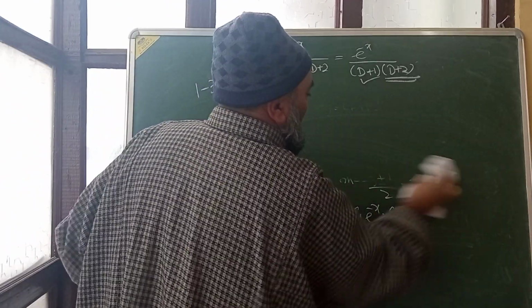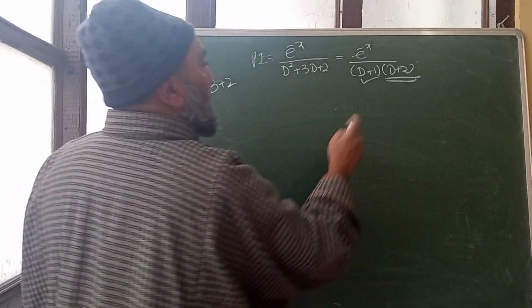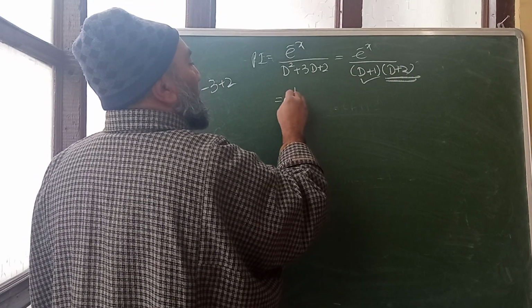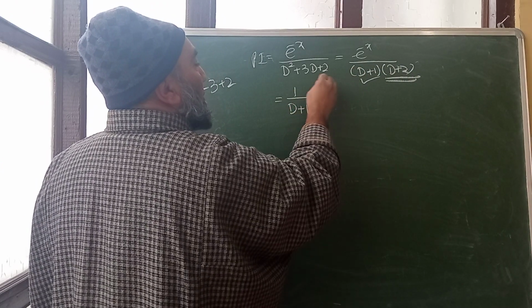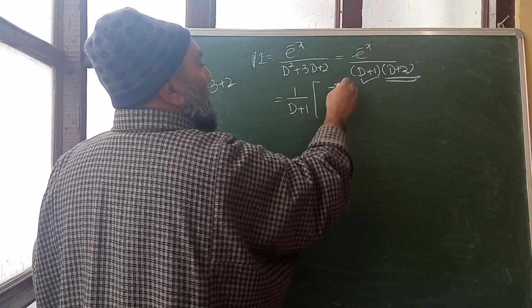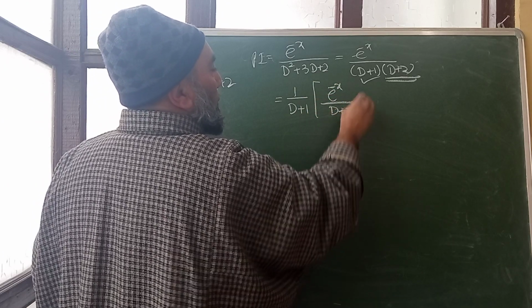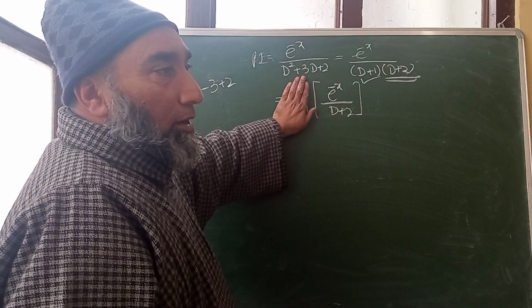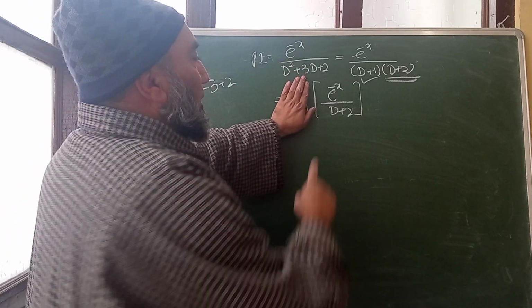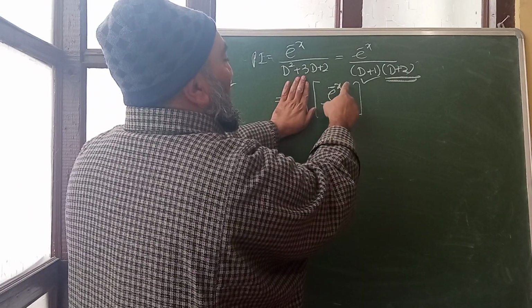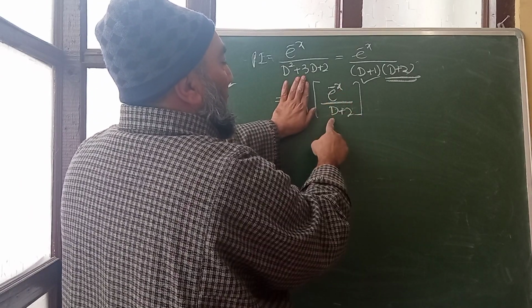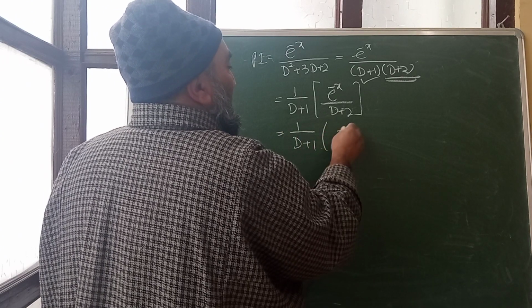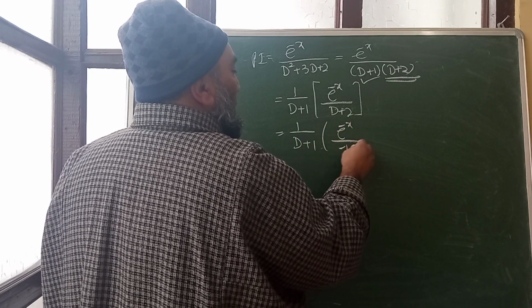So let me use both formulas. For this, what I have to do, this is 1 upon (D plus 1). This is a case of failure. I have not touched it. This is e to the power minus x upon (D plus 2). Two factors. This is a case of failure. I assume that this is not there. This is the question: e to the power ax upon f(D). I have replaced D by a. So it is 1 upon (D plus 1) e raised to the power minus x over (minus 1 plus 2).